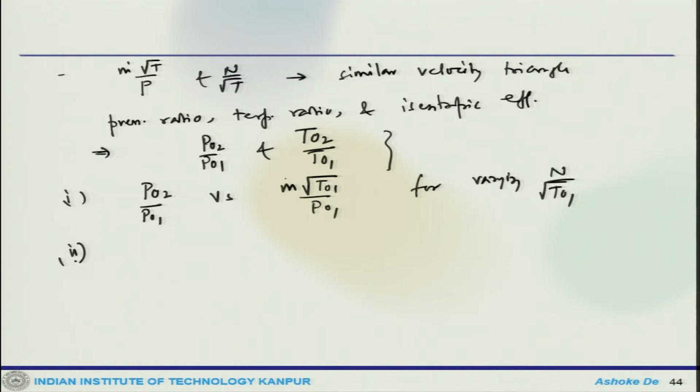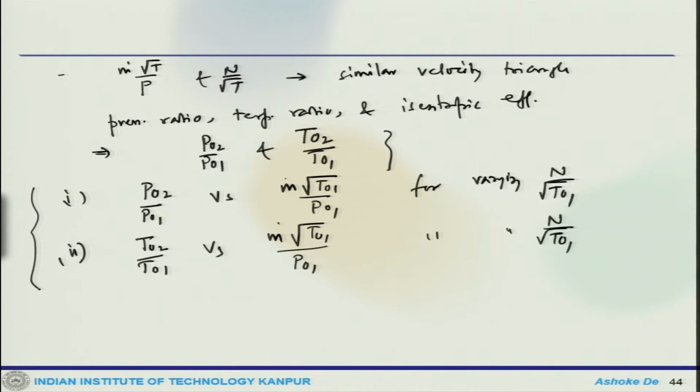And the second plot is T naught 2 by T naught 1 versus m dot root T naught 1 by P naught 1, for varying N by root T naught 1. So, these two plots would be sufficient to provide the entire characteristics of the compressor.